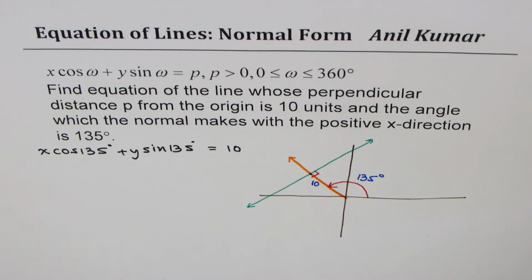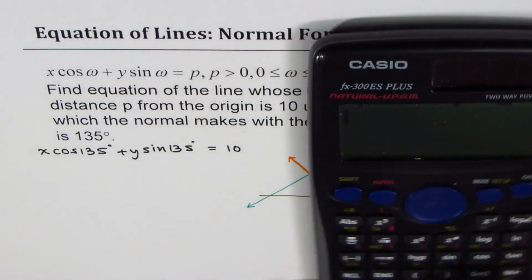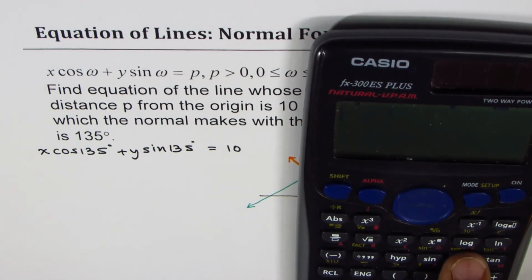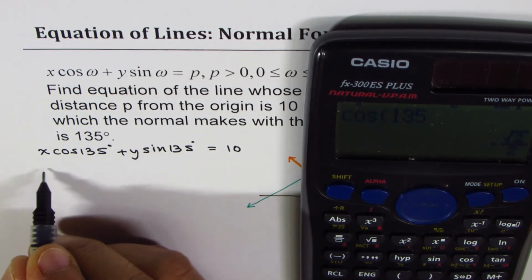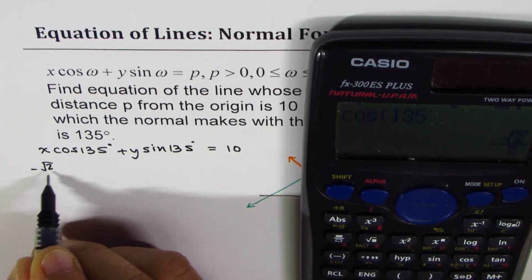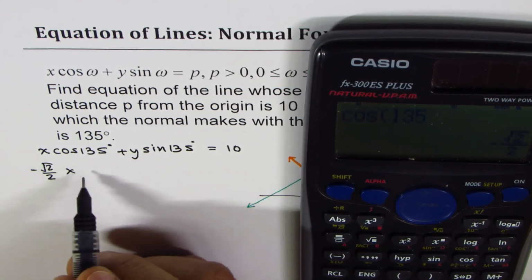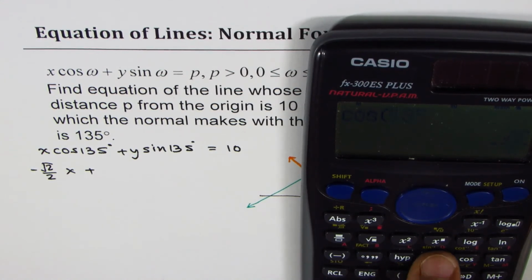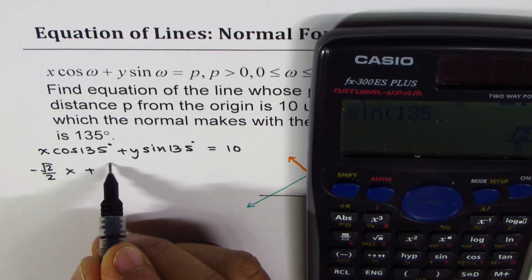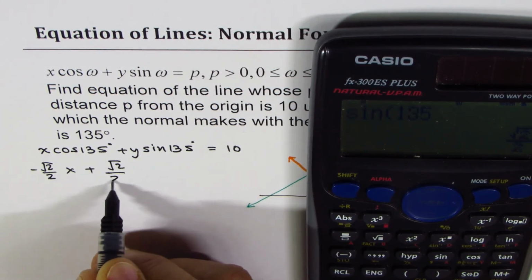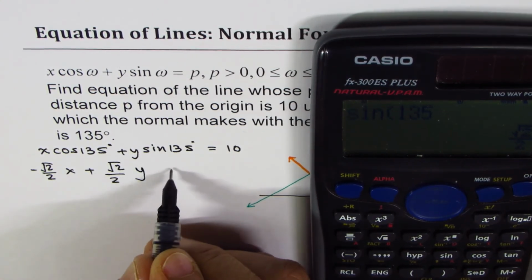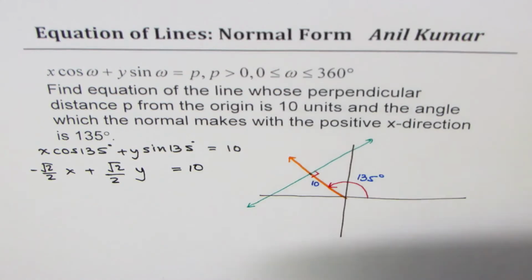Now let's see how we can use this equation. Cos 135 is minus square root 2 over 2, so we write minus square root 2 over 2 x, and sine is positive. Sine 135 is square root 2 over 2, y equals to 10.